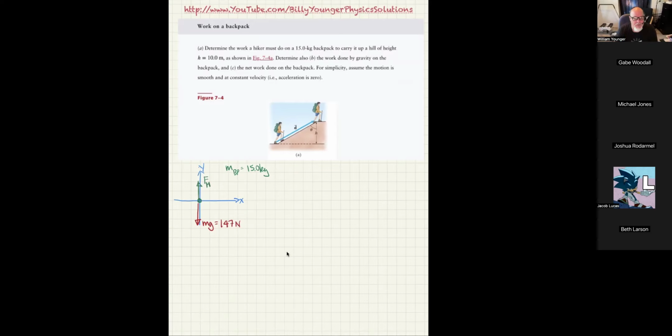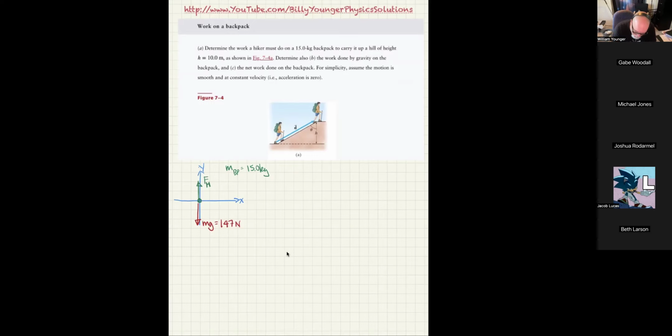Now, in addition to this, we're going to have the displacement vector, which we generally do not draw on a free body diagram. But I'm just trying to show it to you so that we can make use of it for the calculation of work. Remember, work has to be the component of force that is parallel to the displacement vector.